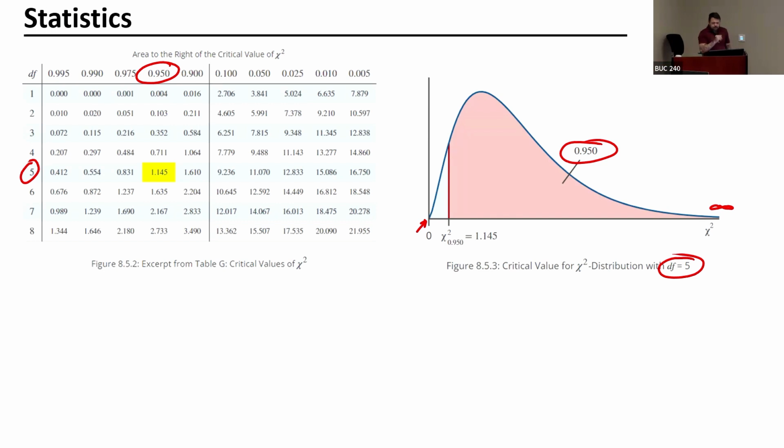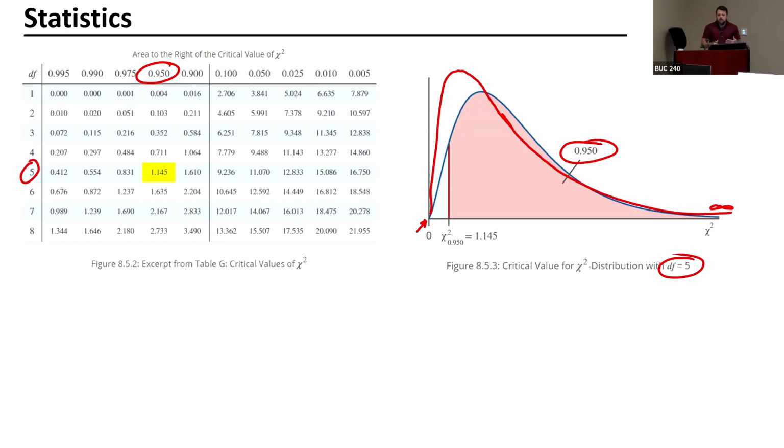Here's where it changes. We're still taking area. And what it's saying, by the way, is that on a very low degree of freedom, like 1, you might have something that looks like this.